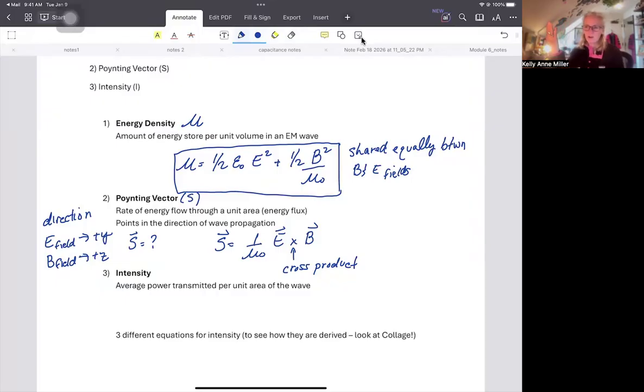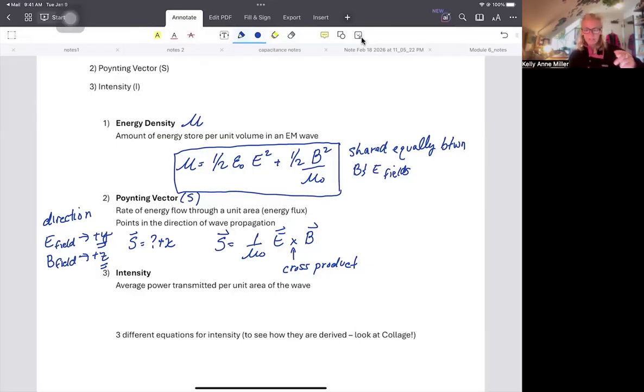I use my right hand: I point my fingers up in the direction of the E field and curl them toward the direction of the B field, which is pointing towards me. My thumb points to the right, so that's positive x. So the Poynting vector points to the right, which is the direction of the overall propagation of the wave.